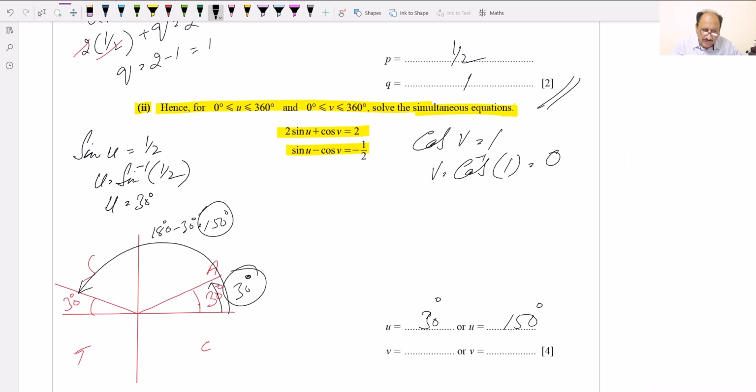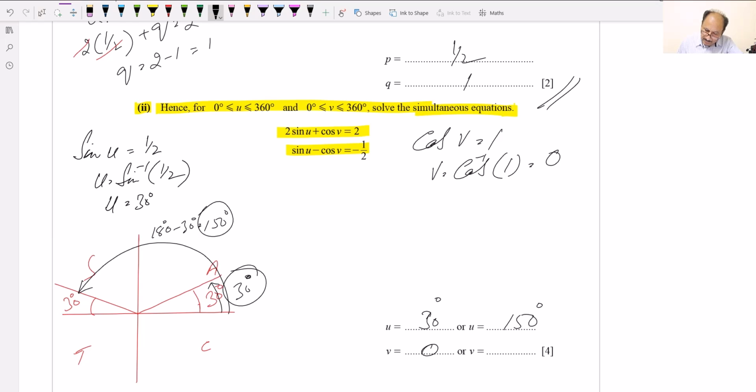So this will be 0 angle and 0 degree, so this one we can take it as 0, and the second angle will be 360, so 0 and 360 will be the two angles which we can write for this.